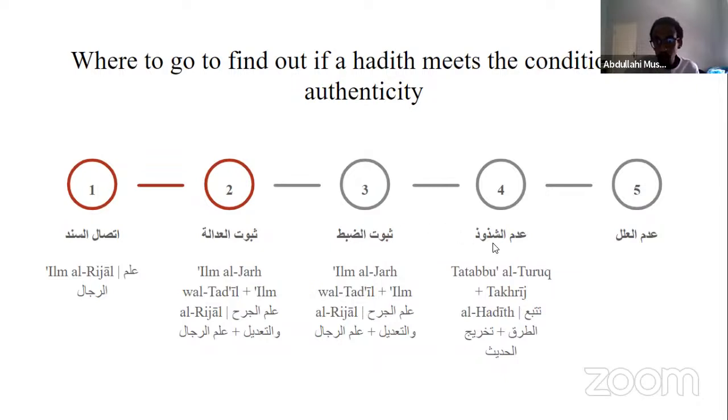While عدم الشذوذ means the non-existence of an anomaly, and عدم العلل is the non-existence of a defect. So 3 of them are positive and 2 of them are negative.